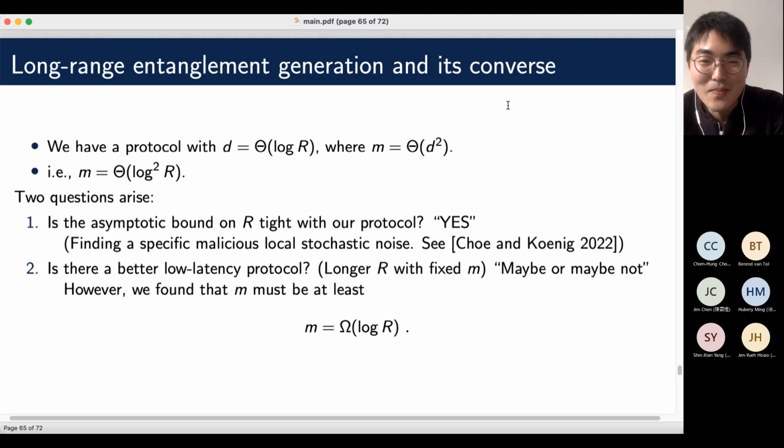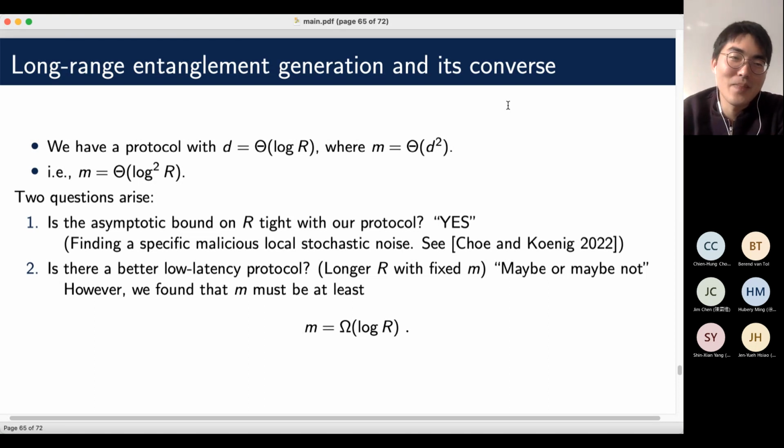Yes, we have a somewhat abstract version. If you have a Bell pair, then you can use something like gate teleportation to apply two qubit gates on two nearest repeaters.